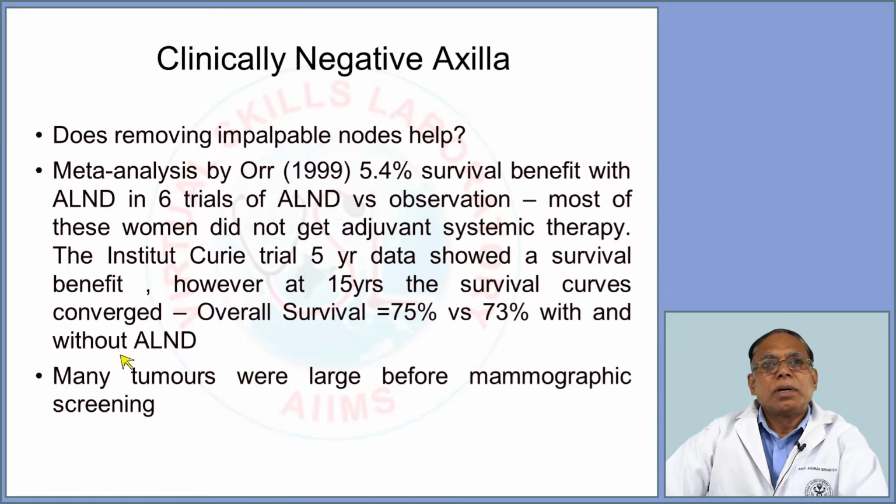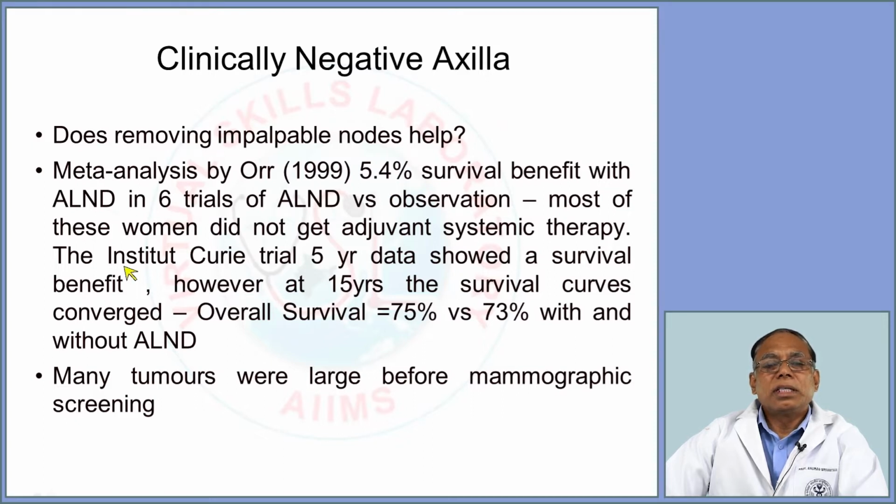Does it help to remove impalpable nodes in women presenting with negative axilla? A meta-analysis was carried out way back in 1999 by a surgeon, Orr, and he demonstrated that there was a minimal, about 5.4% survival benefit in women who underwent prophylactic axillary dissection compared to none.